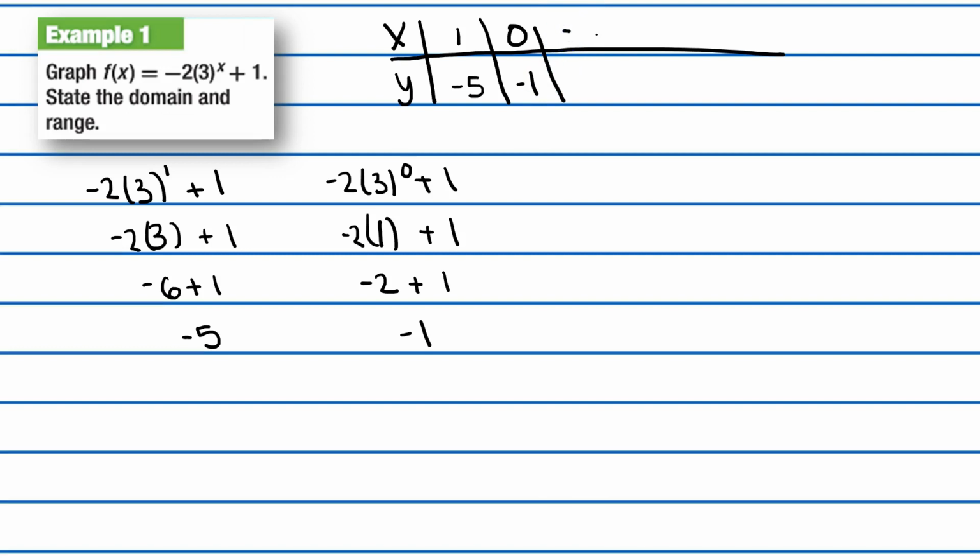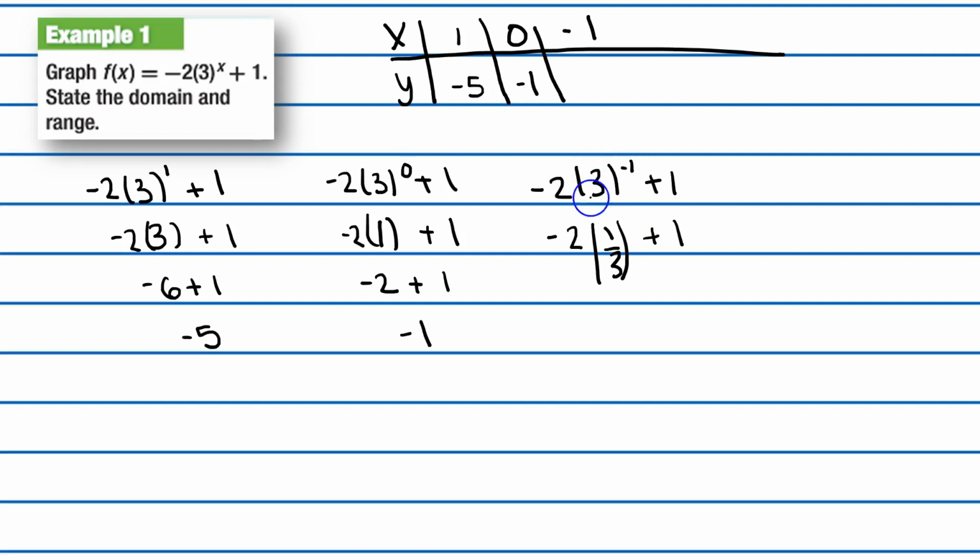So now let's go ahead and choose negative 1 for x. So now we have negative 2 times 3 to the negative first power plus 1. Remember, if you have a negative power, you're going to go ahead and make it a fraction. So negative 2 times 1/3 plus 1.